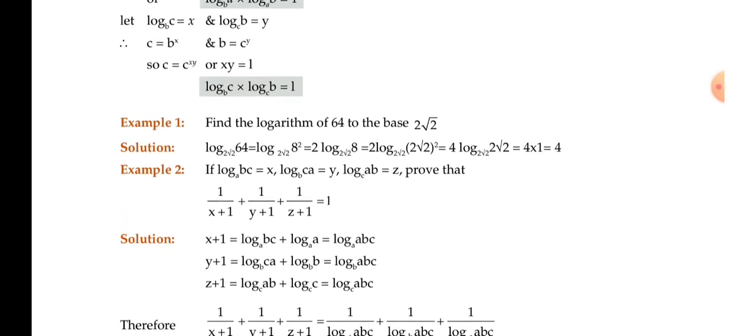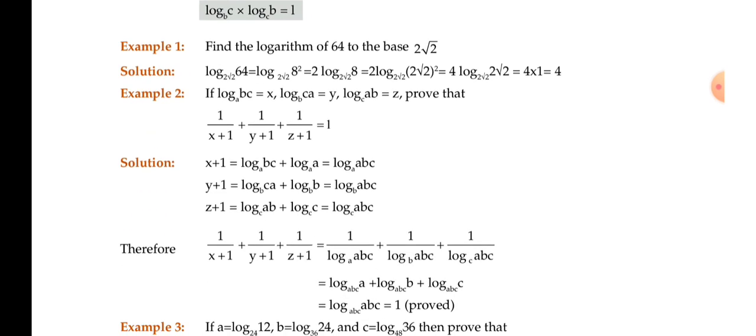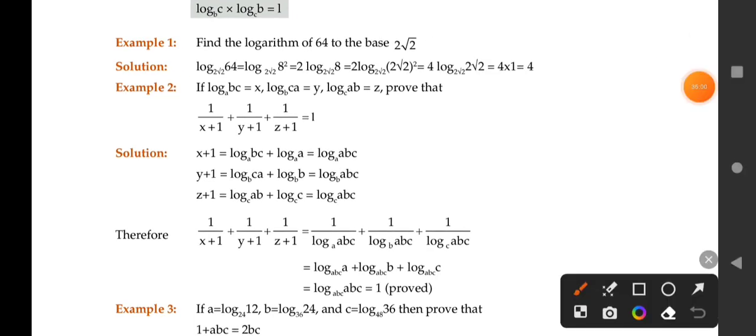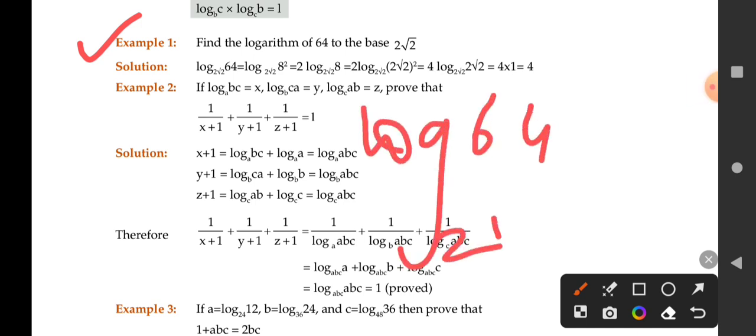and the change of bases as well. Example 1. Let us solve this example 1: log of 64 to the base 2 root 2. So, how are you going to solve?